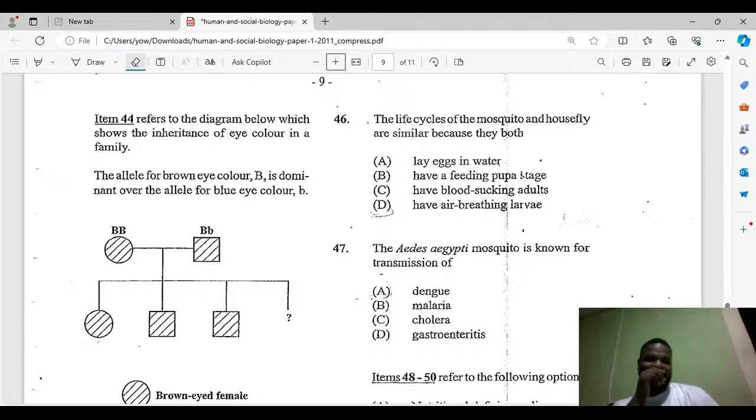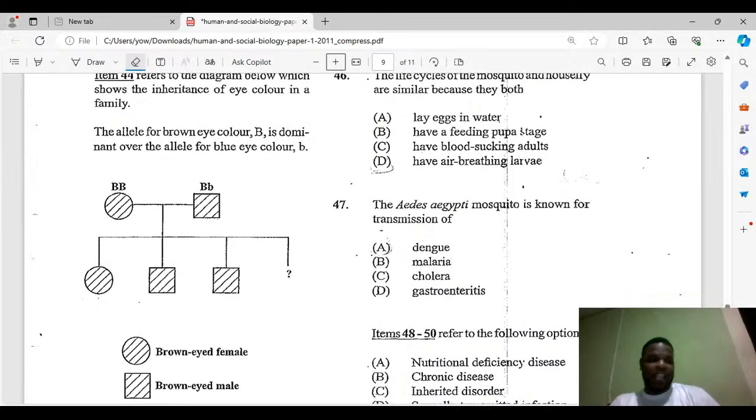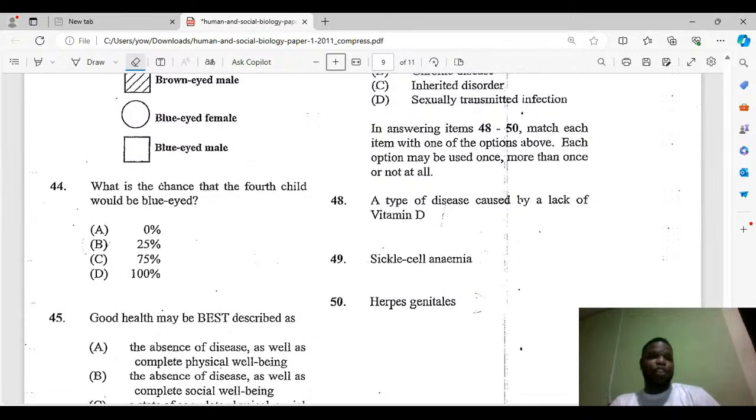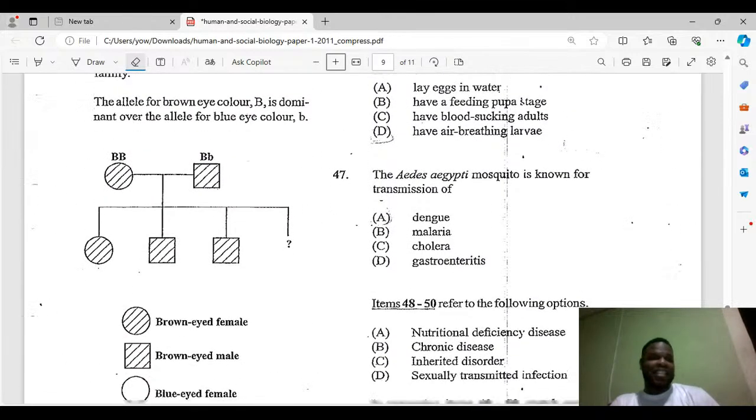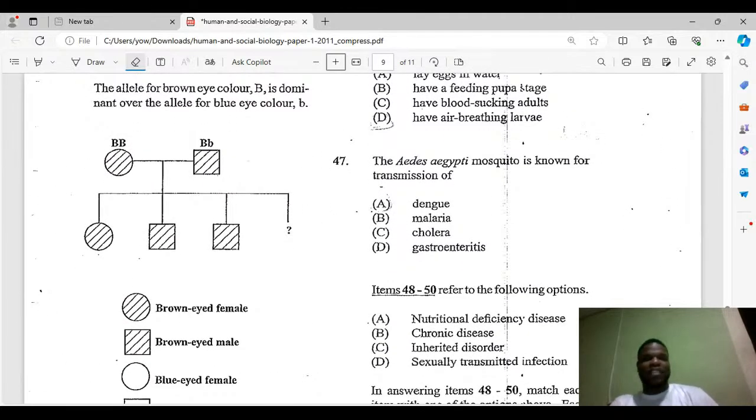Now, what's the percentage chance of the fourth child being blue-eyed based on this? Is it going to be 25%, 75%, 100%? Is it A, B?